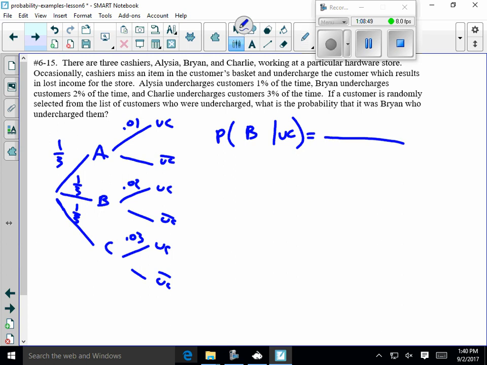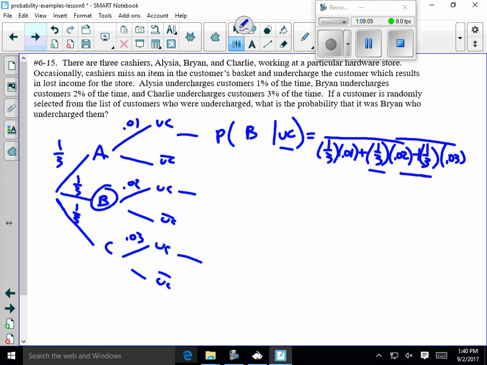So all the ways to be undercharged would be 1/3 of the chance Alicia with a 1% chance of undercharging, 1/3 of a chance Brian with a 2% chance of undercharging, 1/3 of a chance of Charlie with a 3% chance of undercharging. And of those 3 paths, only this one here is the one that meant Brian was the one that did it.